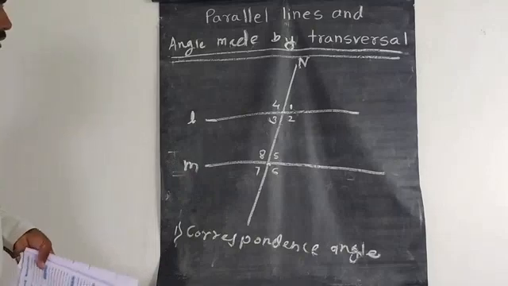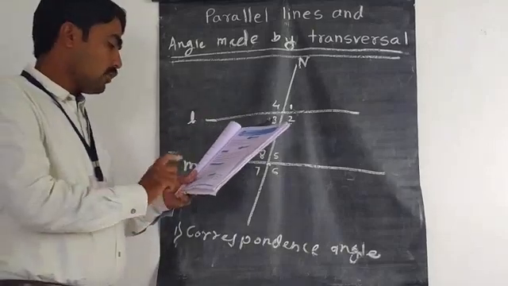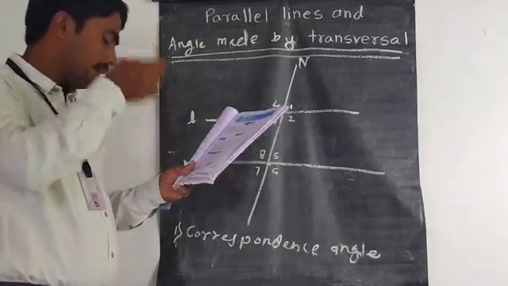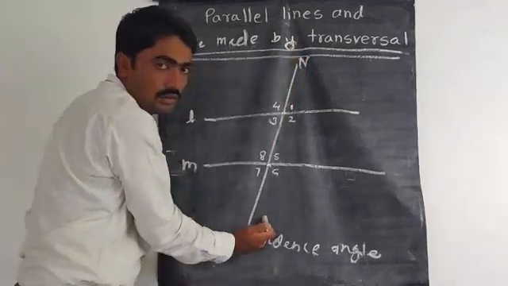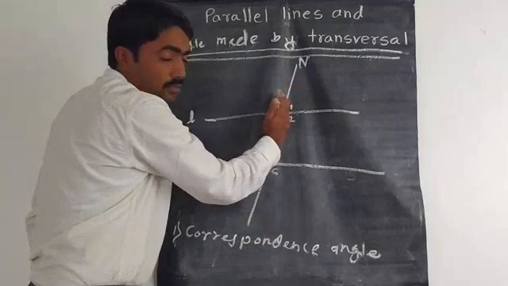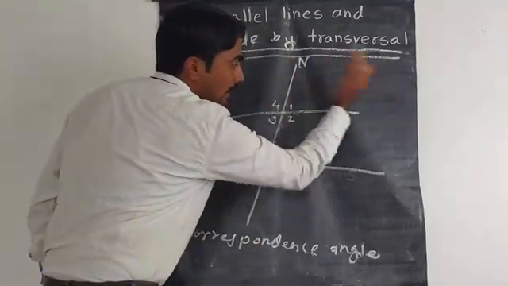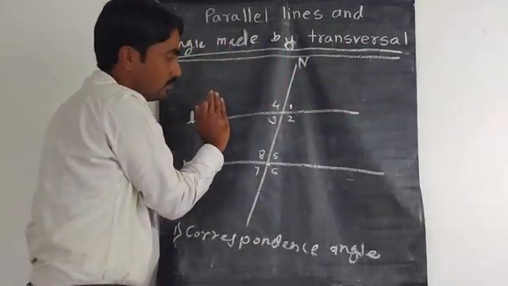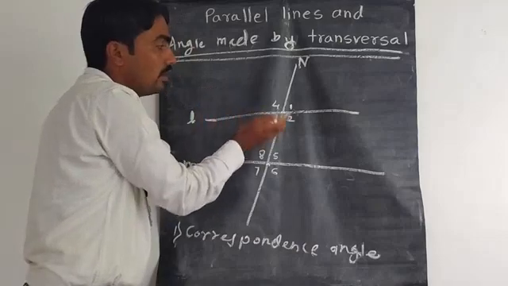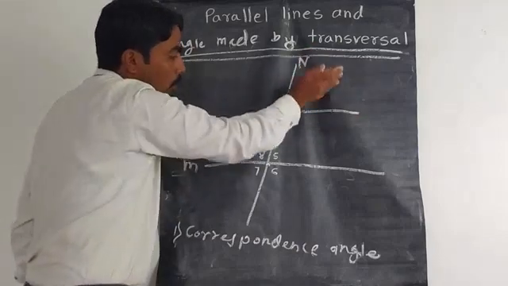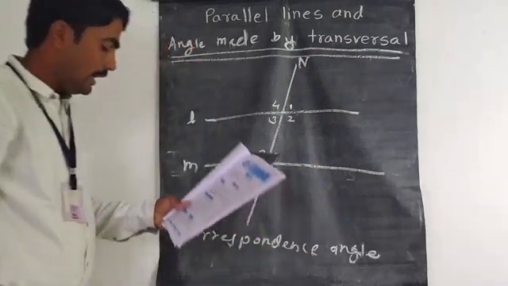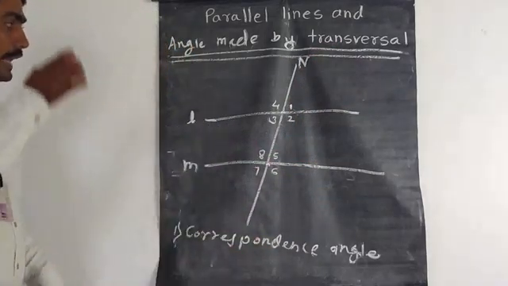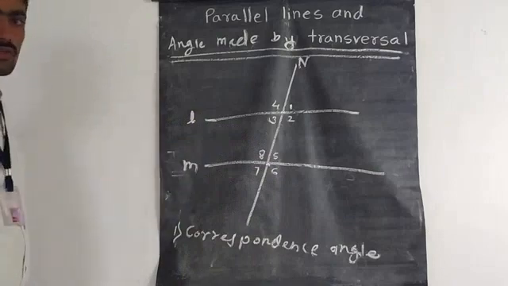If the arms of the transversal of a pair of angles are in the same direction, see, this is the transversal. The arms which are in same direction, either that direction or this direction, or on the same side, either above or below the line, then that pair of angles is called corresponding angles.